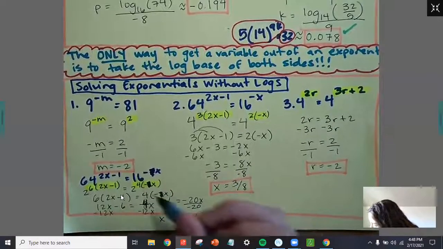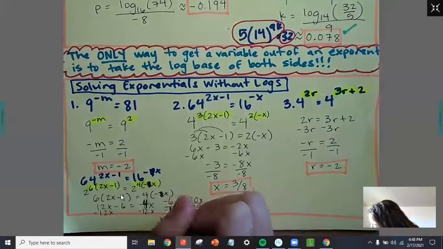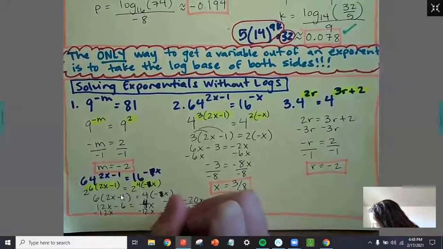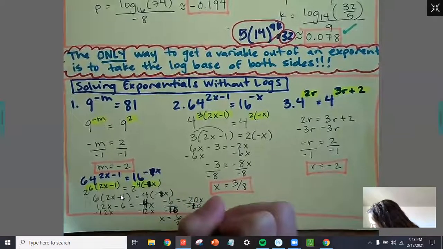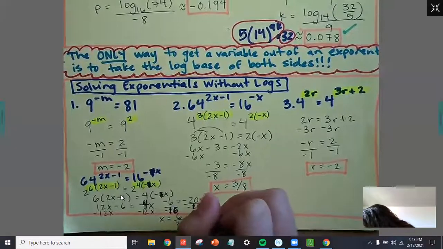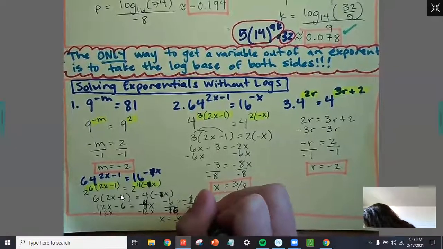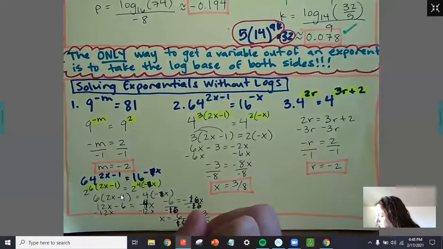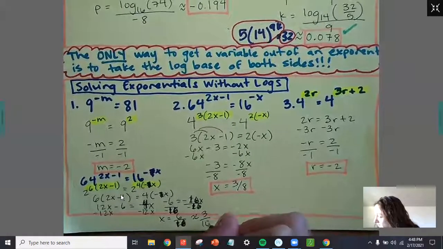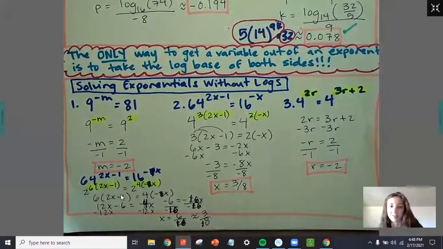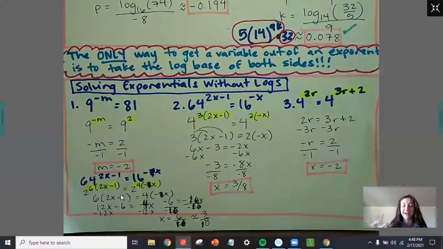Okay, and that would make this negative 16. Okay, and then that would make our answer at the very end come out to 3/8. Sorry about that. Okay, so they match up, that's good. Glad that we went over that.